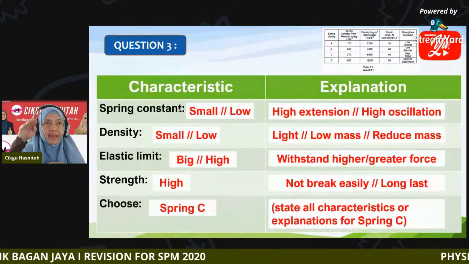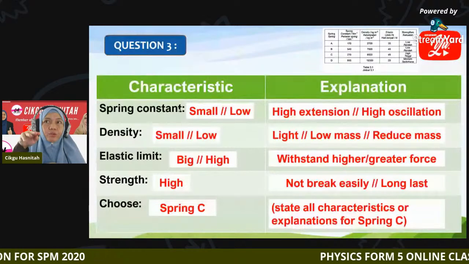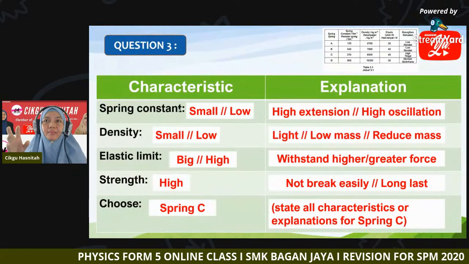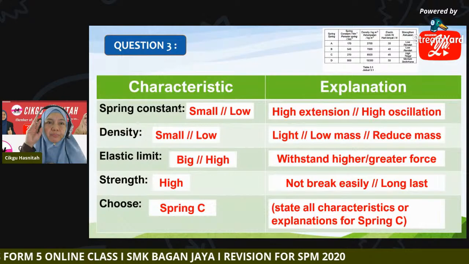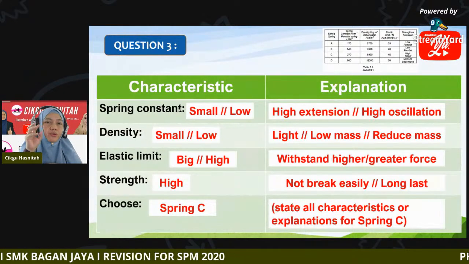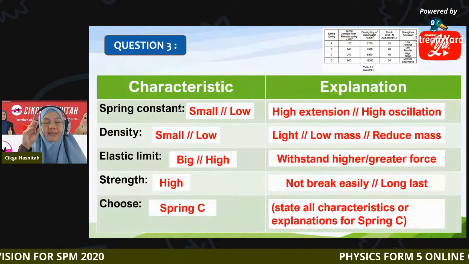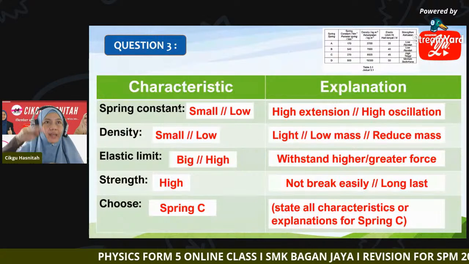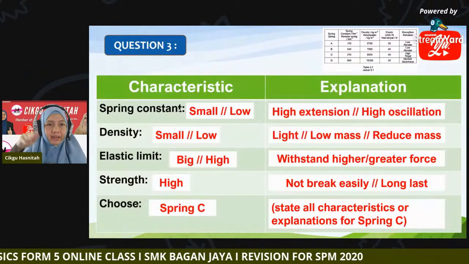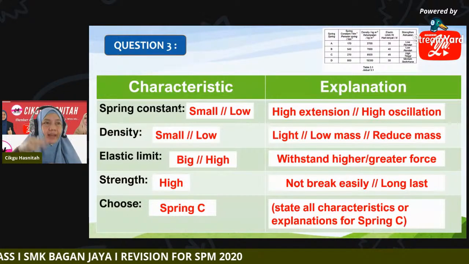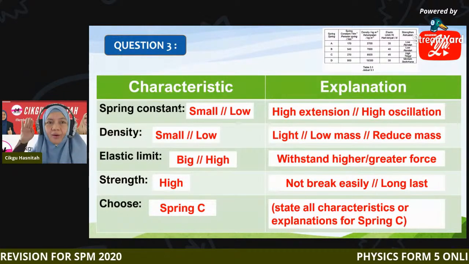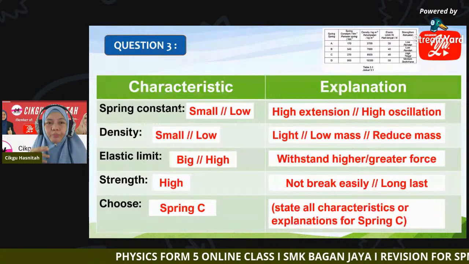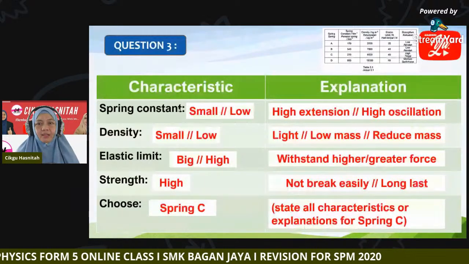So we choose a spring with a low force constant, so that it will be less stiff and can oscillate easily. That is the purpose of a cradle, to oscillate so the baby can sleep on it. Are you clear with the first characteristic, why we choose a spring with a low spring constant?